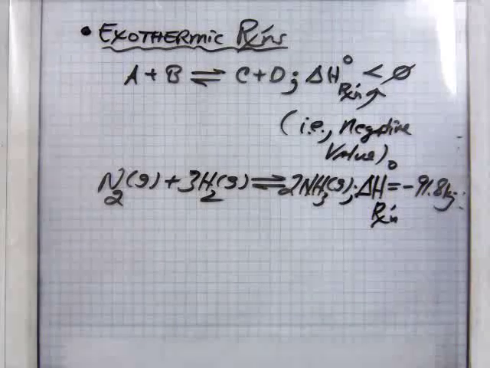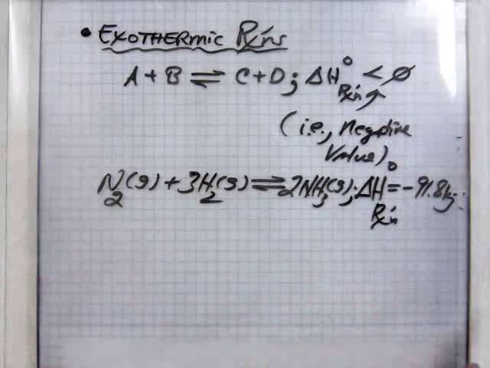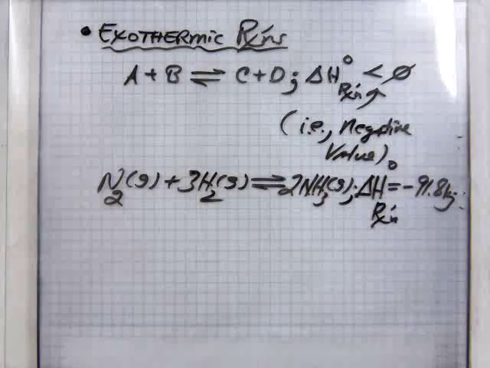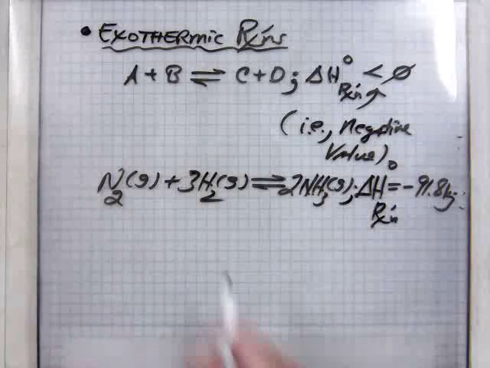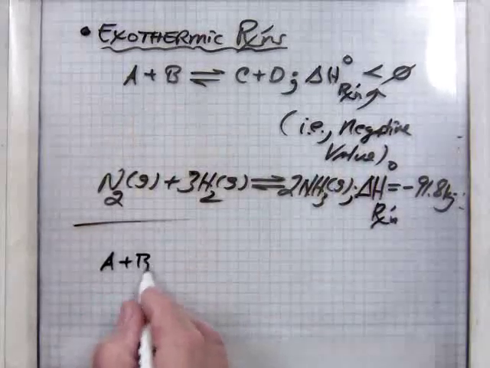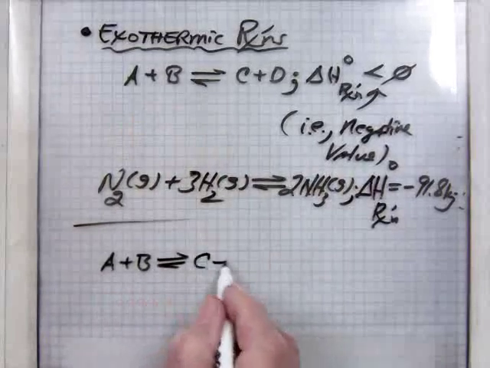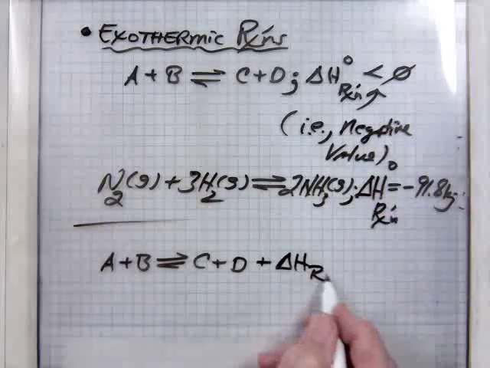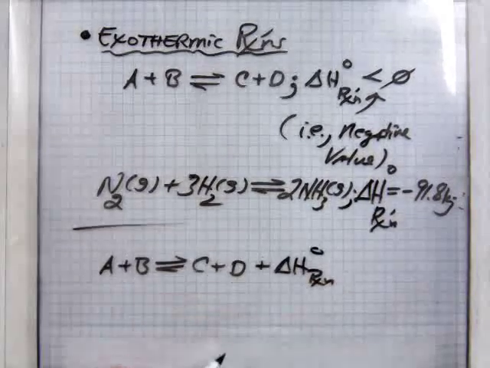Of course, positive's not indicated. You put it in there, I don't care. But you have to put the negative in. Now, if you wish to write this incorporated into the equation, you put the energy number on the product side as it is giving off energy. So a second way to write this would be A plus B in equilibrium with C plus D plus the delta H of reaction number, like this.